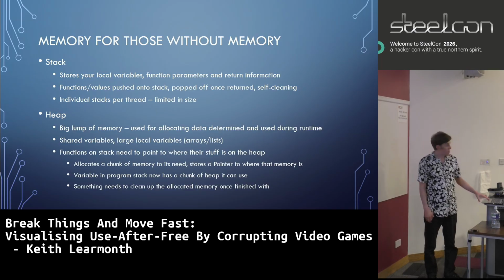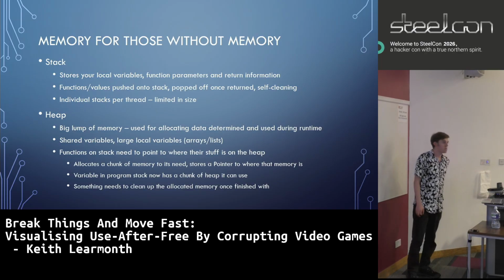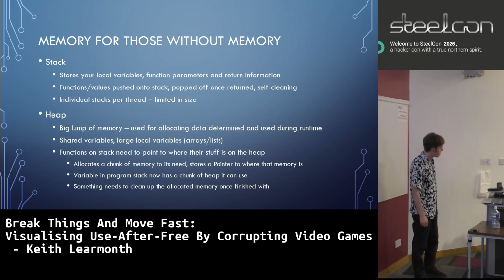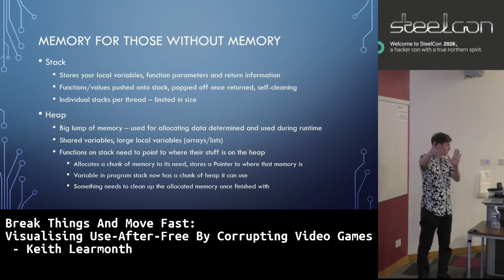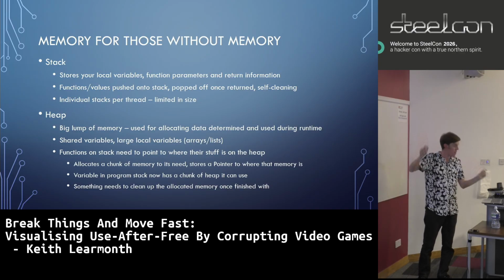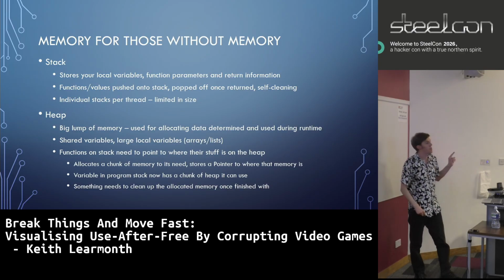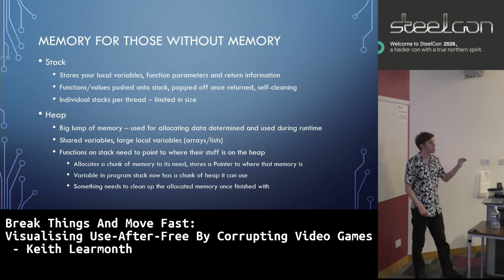Now the functions, when they're in the stack, need to point to where their stuff is on the heap. So it will allocate a chunk of memory, as much as it needs, in the heap, and then it has a pointer in itself to that chunk of memory. It'll be a bit more clear in the demos, but one thing to note is that in the heap, those chunks of memory and the pointers to them need to be manually cleaned up.